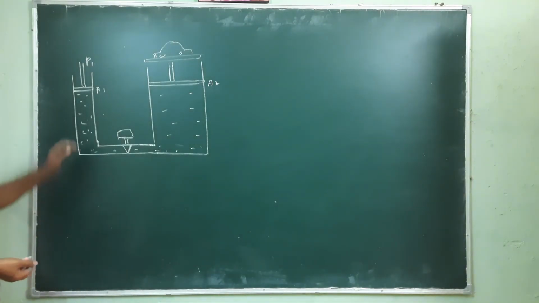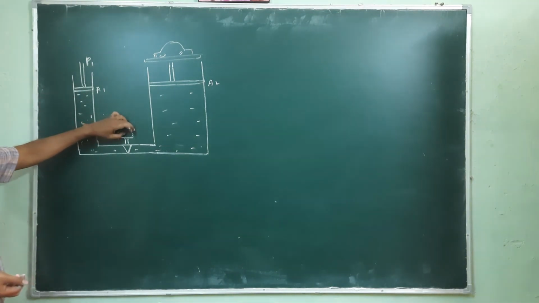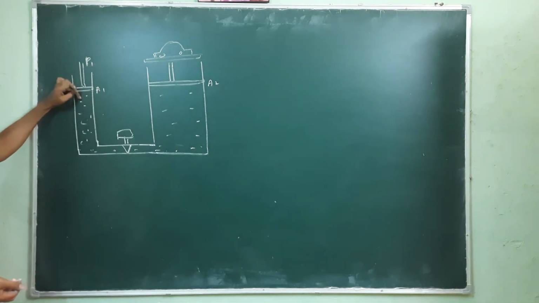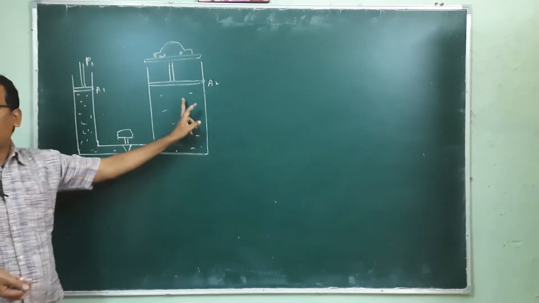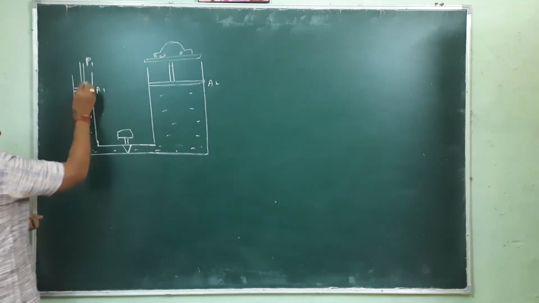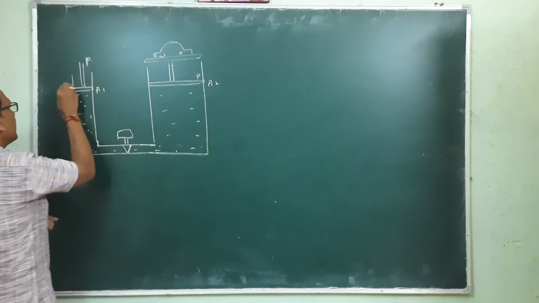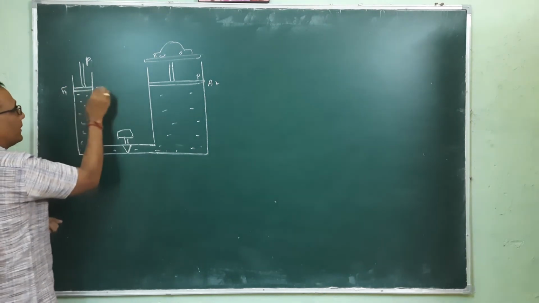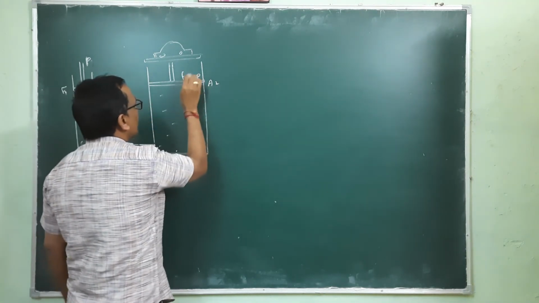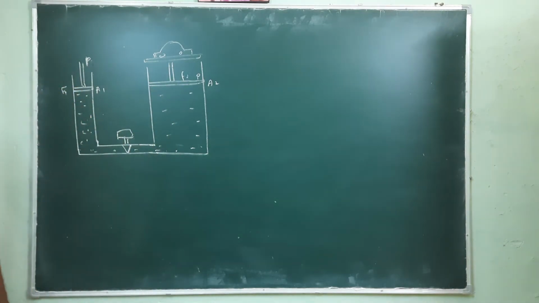So according to Pascal's law, whatever pressure we are applying here, when we open this wall, will be transferred to each and every point of the liquid. So this pressure P is identical to this pressure P here. Let's say this is F1, A1, and this is F2. Here we are applying F1, and F2 will be applied in the opposite direction.